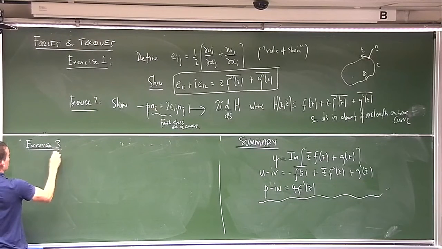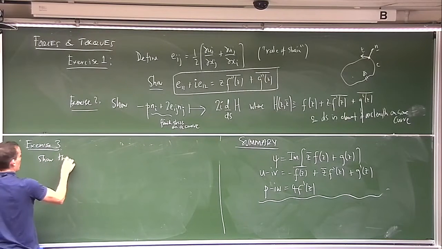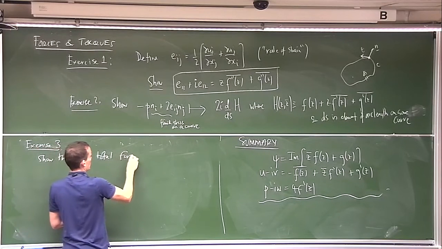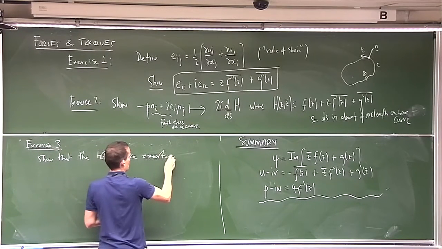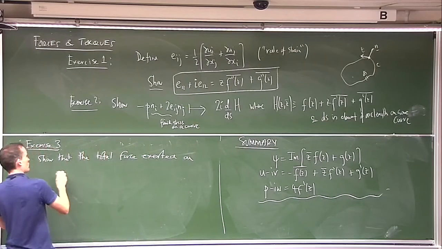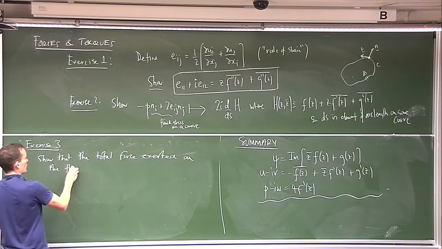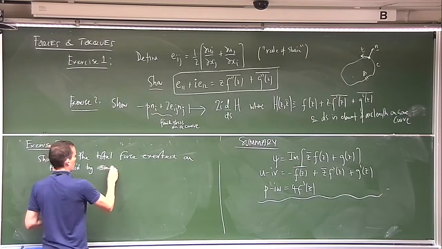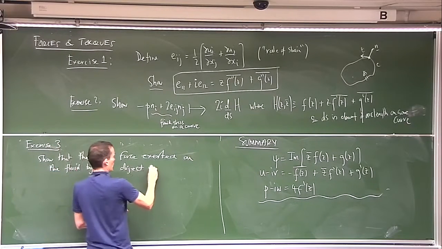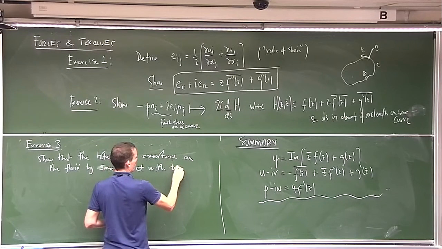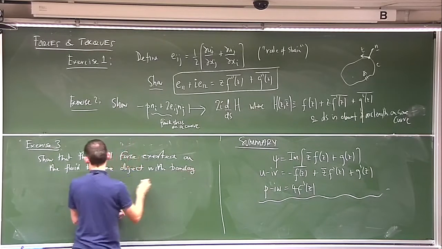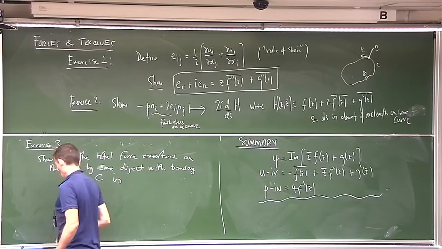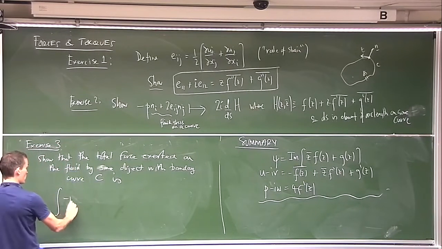Exercise 3 is show that the total force exerted on the fluid by some object with boundary curve C, say, is, well, you can see, look, it's precisely by definition.